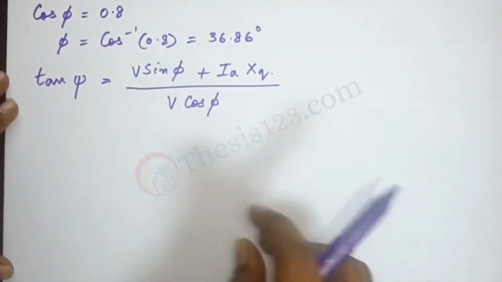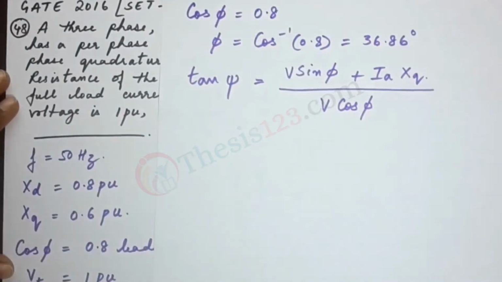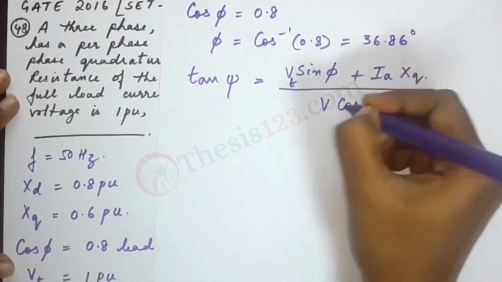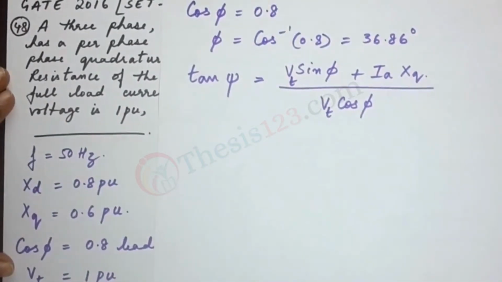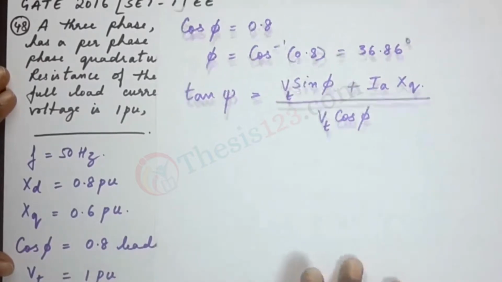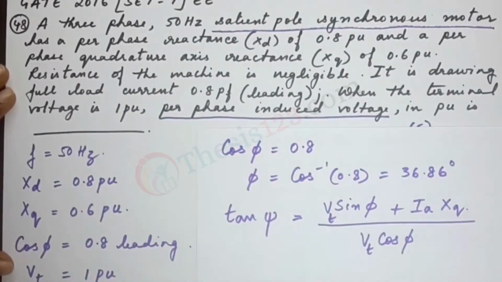You should know that V is the terminal voltage given to us, Vt, and Ia is also 1 pu, though it has not been mentioned that Ia is 1 pu.